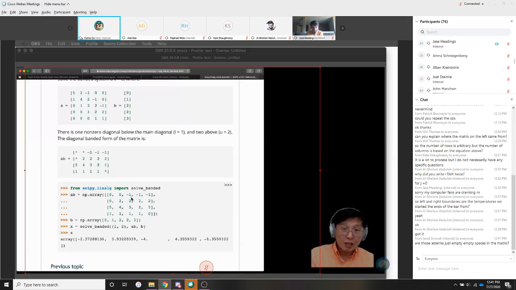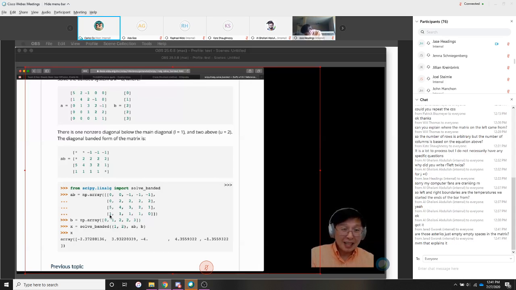This is the topmost diagonal, 0, 0, negative 1, followed by the next diagonal, followed by the main diagonal, followed by the final diagonal, the one below it. So you create an array in which the rows have the values of the diagonal elements. The values outside of the diagonal, you just set to 0, or they're just ignored.